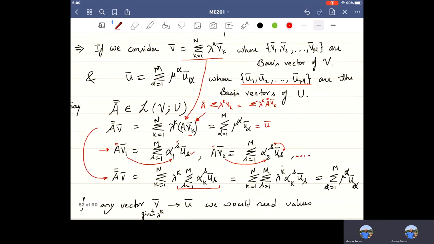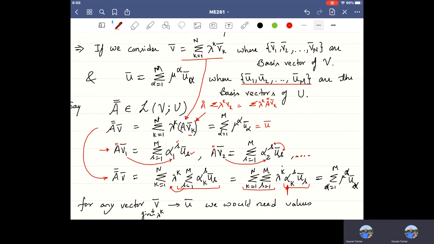Now we can pull out the summation over k and send lambda k inside. So it becomes a summation over k equal to 1 to n and a summation over s equal to 1 to m of lambda k, which represents a specific vector of V that we have taken, and this combination of alpha ks Us. For any general mapping A, these numbers alpha ks will change.